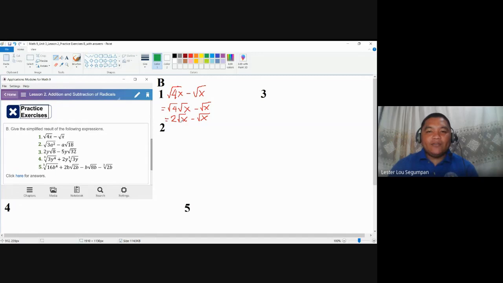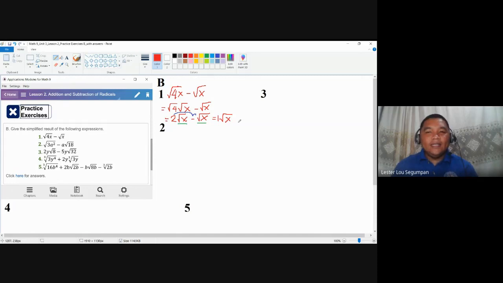Now that we have the same radical expression, square root of x and square root of x, we can operate the numerical figures outside the radical expressions. 2 minus 1. Again, we have a 1 value for this radical expression. In short, the answer shall be 2 minus 1, which is 1, and then you copy the radical expression square root of x.